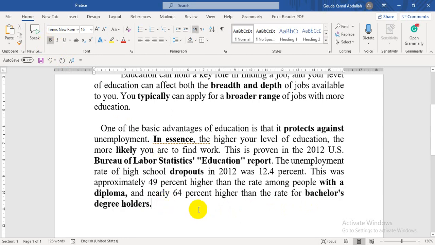So what I need you to do is to, number one, provide a lexical translation for these highlighted items.